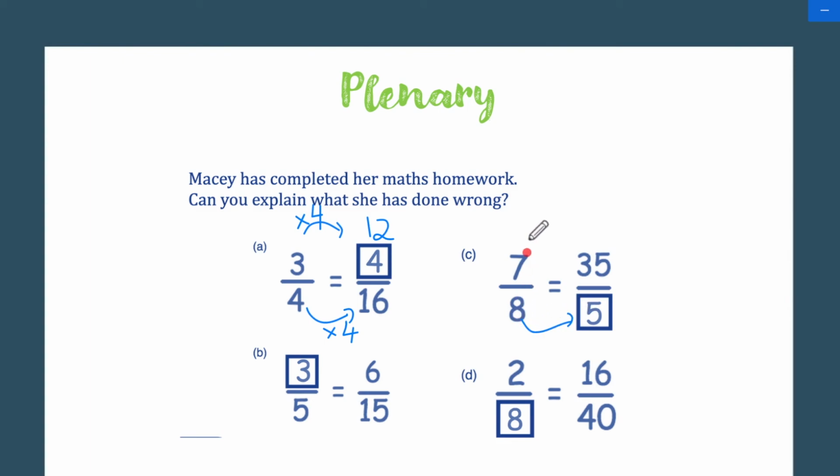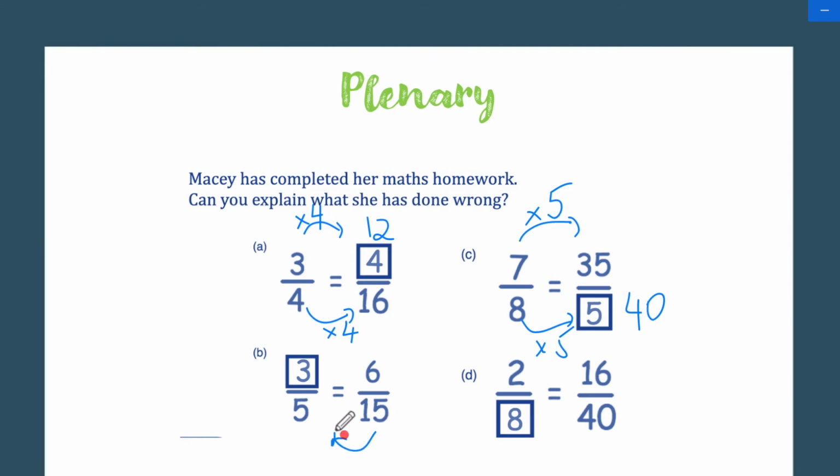Okay, you can't get from 8 to 5 because this should be a multiple of 8. So 7 multiplied by 5 should be put here. 8 times 5 is 40.